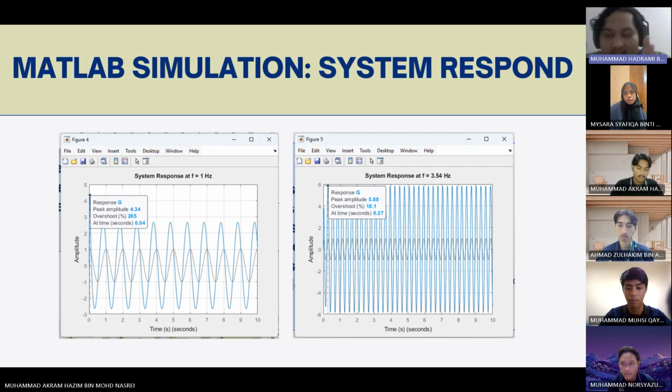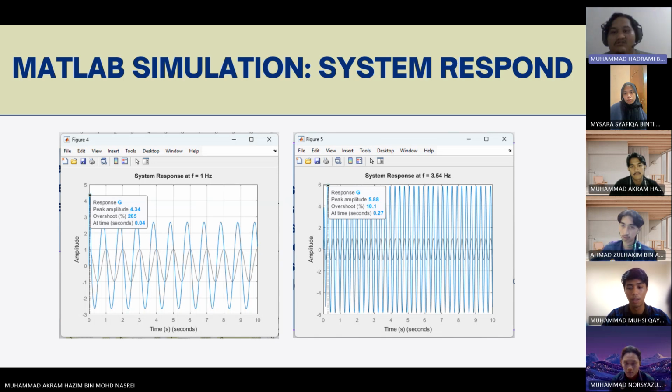So in this graph, as you can see, is the system response, which shows our input is 1 volt, and then our output differs depending on the frequency. For example, at 1 hertz we get around 4.14, and for 3.4 hertz we get around 5.83.